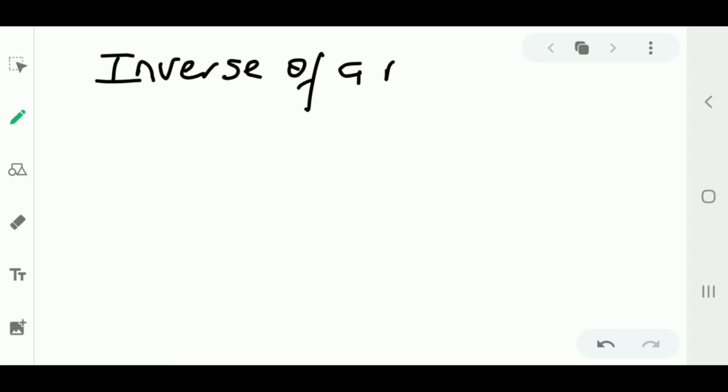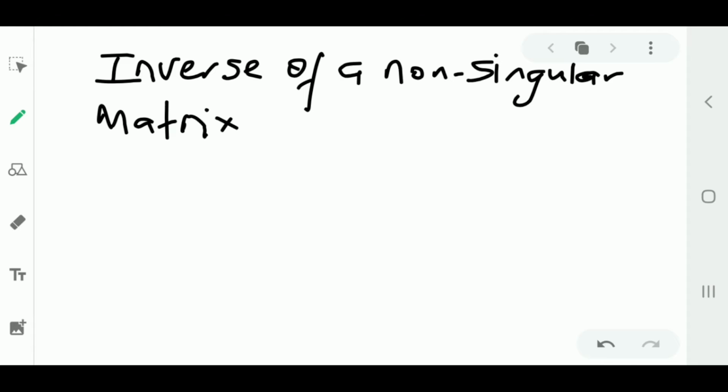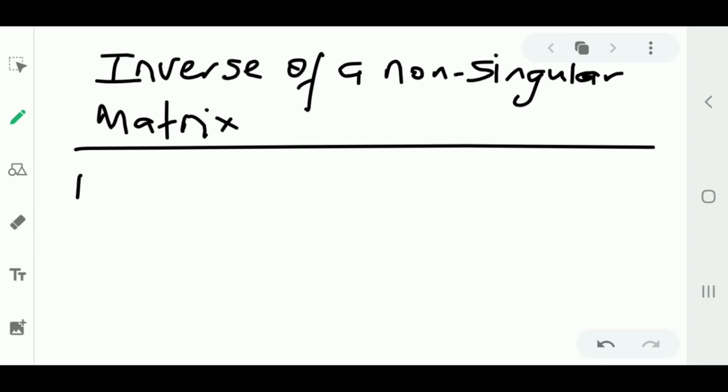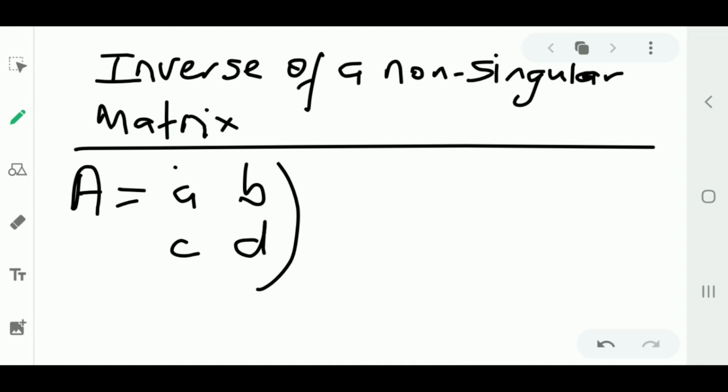Let's say now we wanted to find the inverse of a non-singular matrix, and remember non-singular means the determinant is not equal to 0. So let's say we have A is equal to A, B, C, D again, and we want to find the inverse.